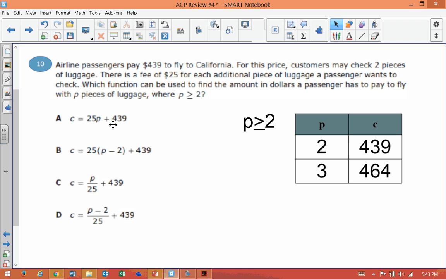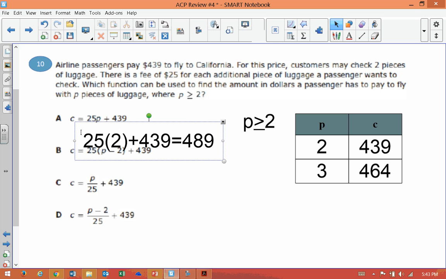Look at the first equation. If I let P be equal to 2, then this is what would have to happen for choice A. I would take 25 multiplied times 2 and then add 439. That's 50, so 50 plus 439 is 489.